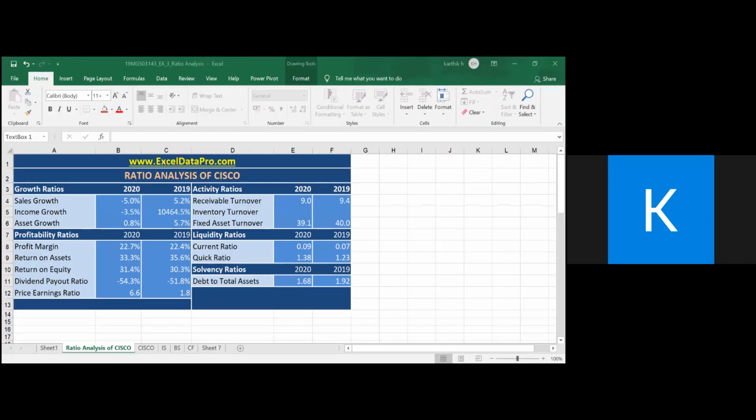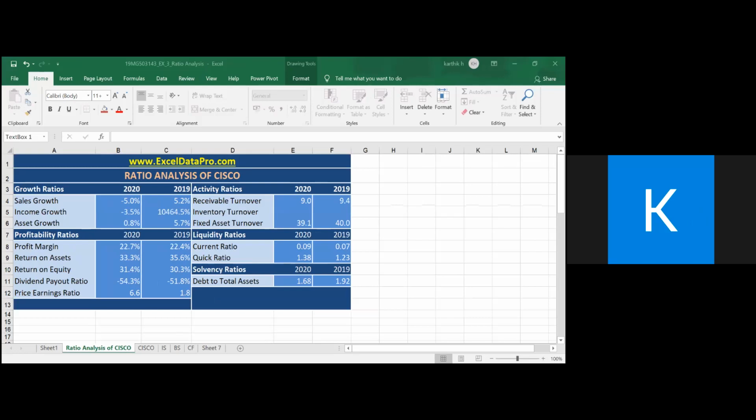Next, income growth is also showing a negative 3.5% in the year 2020 and 4.5% in 2019. The income of Cisco was negative in the year 2020.